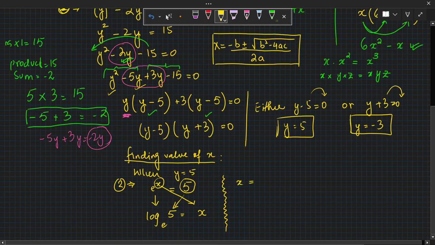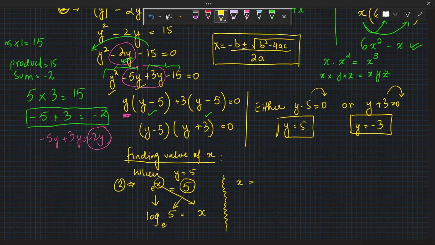Now, could you find the value of log base e of 5 from the calculator? What answer are we getting? 1.609.